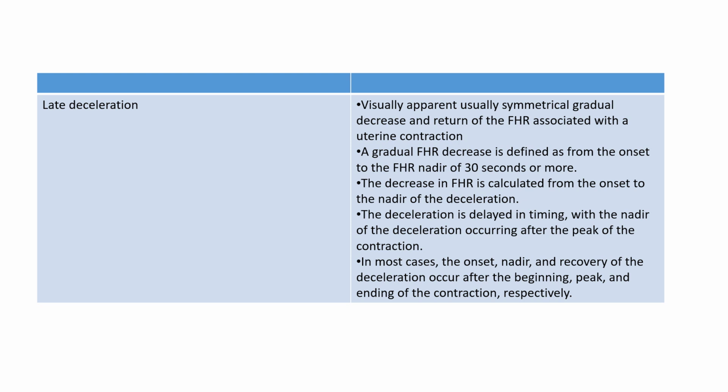It's visually apparent, usually symmetrical, and the key point here is also a gradual decrease and return of the fetal heart rate associated with a uterine contraction. In most cases, you're going to see the onset, nadir, and recovery of the deceleration occurring after the beginning, peak, and ending of the contraction, respectively.